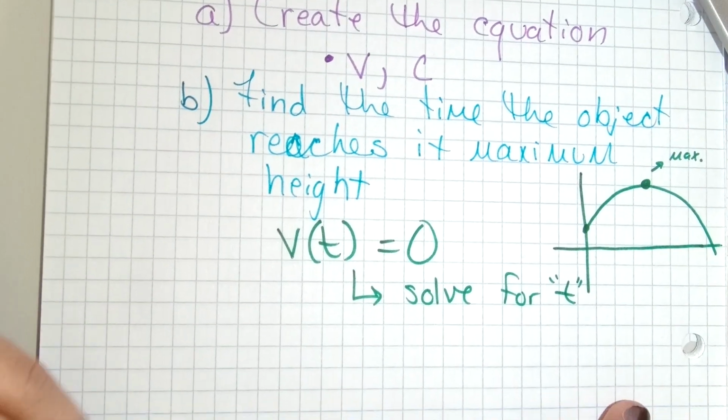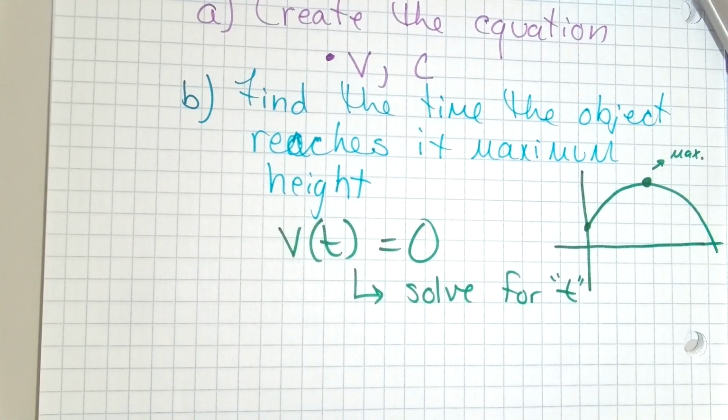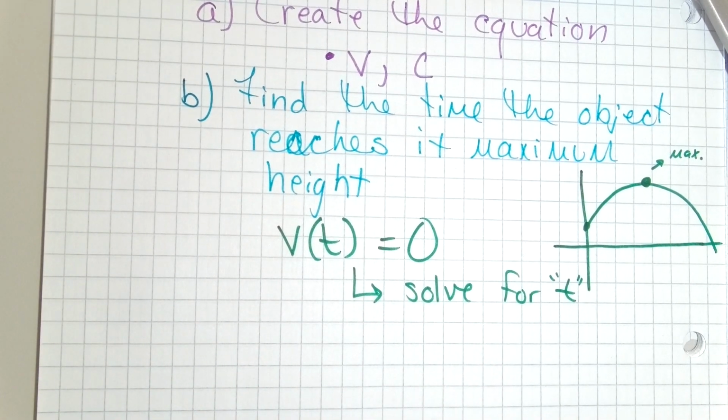Sorry, you're going to have to solve for t. How do I find velocity? How do I find velocity? Times? No. No. In calculus, how do I find velocity? Look at your notes from yesterday.